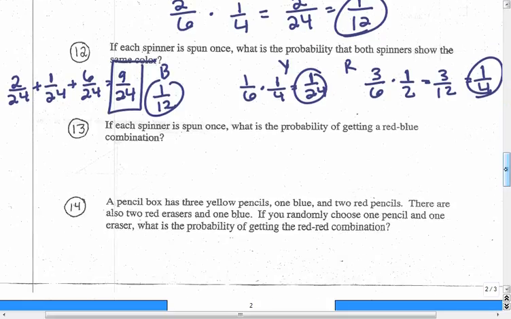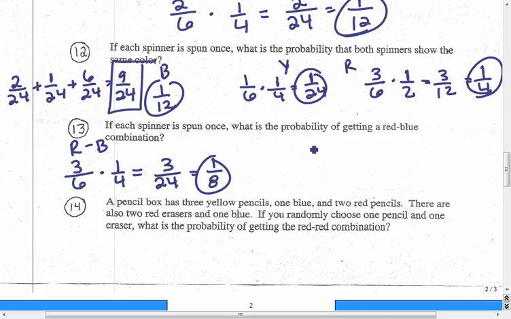Okay, number 13. If a spinner is spun once, what is the probability of getting a red-blue combination? So if we want red-blue, we're going to have 3/6, since the first one is 3/6 red, and then 1/4, since the second one is 1/4 blue, which is 3 over 24, which is 1/8. Now this question wasn't entirely clear.